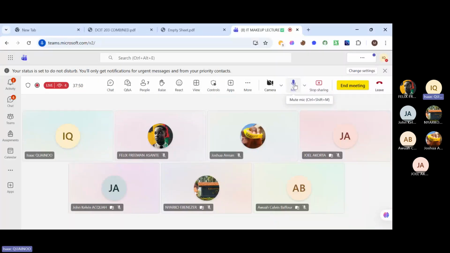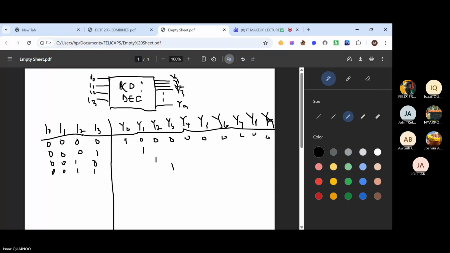Okay, so let's continue. So that will correspond to Y3. So you just follow suit in that manner. Okay. So whatever you are looking for, or a lot of possible set of combinations are achieved or attained. Okay.